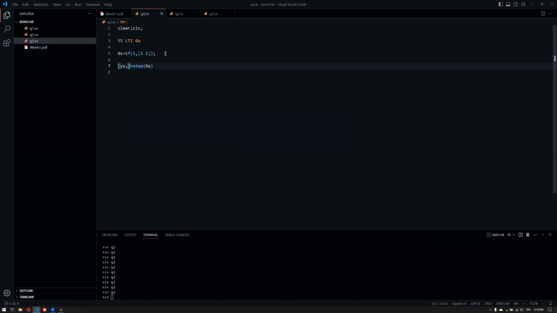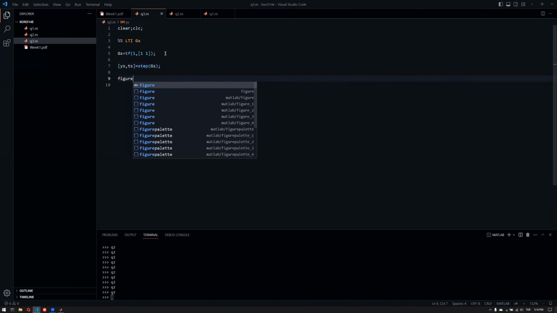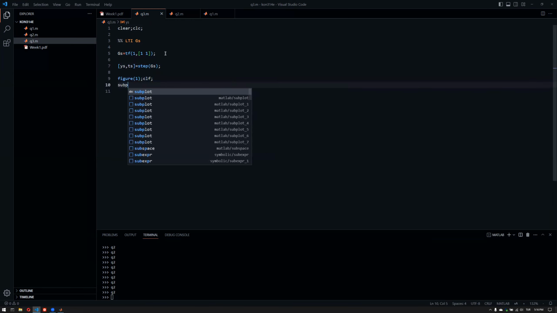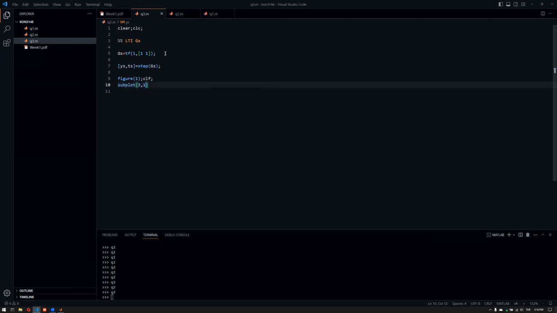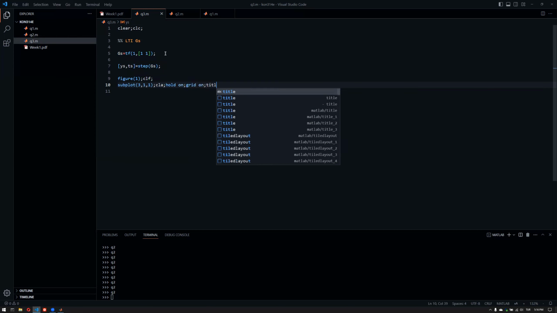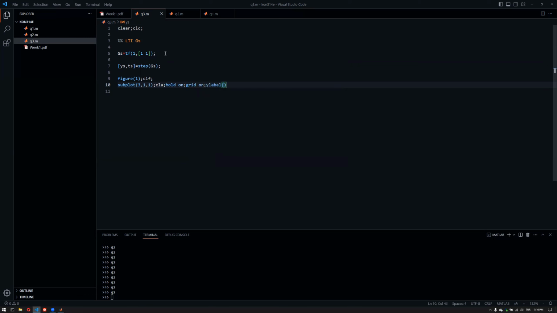So Y, S, T, S, for example. Now, I would like to create a figure, and with subplot 3 rows, 1 column, the first one of this, hold on, grid on, and maybe Y label, in this case, impulse.